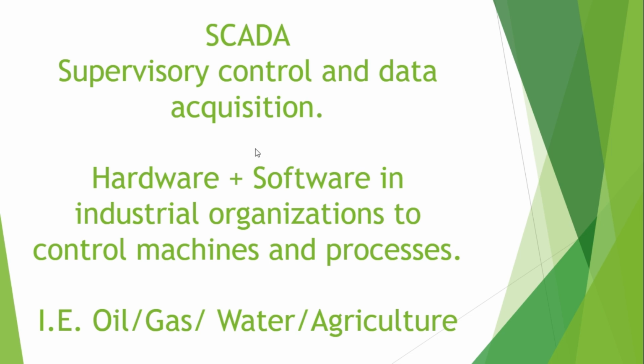So, in other words, when it comes to SCADA, think of automation, but on a higher level. Because now, instead of automating your DHCP, where you can get an IP address type of level, now we're automating things that have a higher potential for disaster. If your program isn't configured correctly and that program is working on oil or gas or water or agriculture, you can see the repercussions are that much greater.